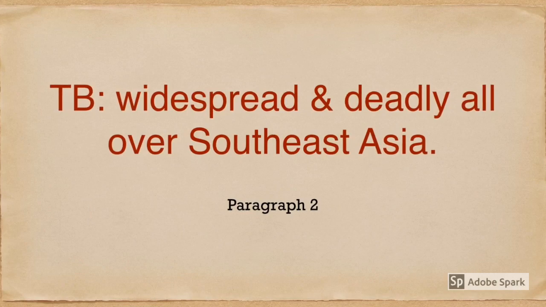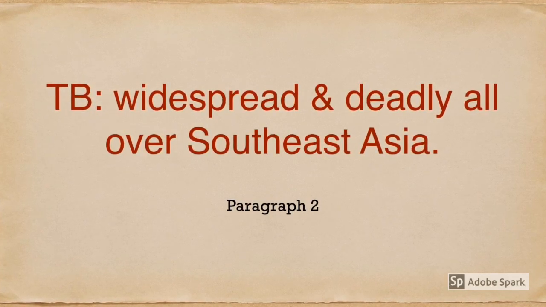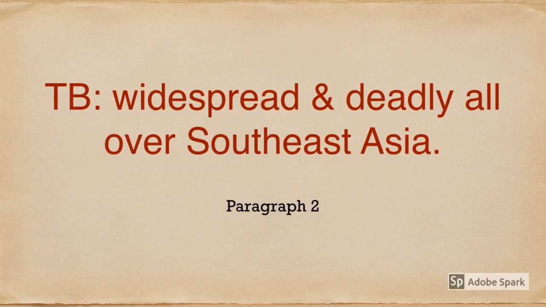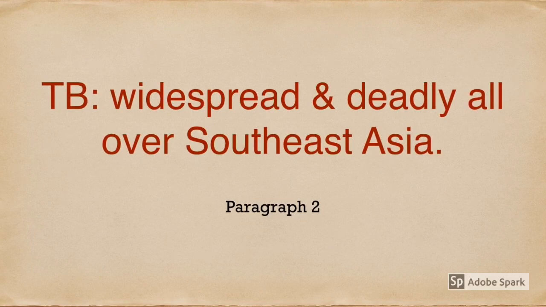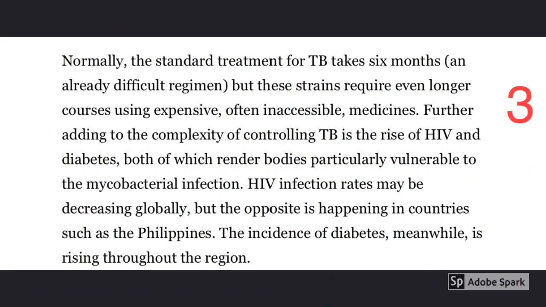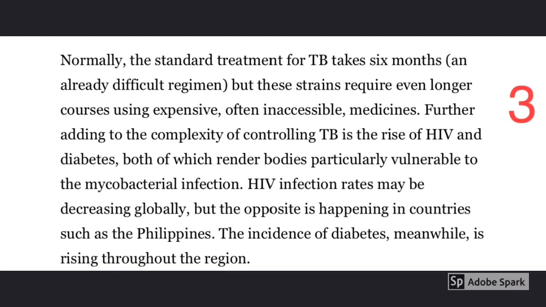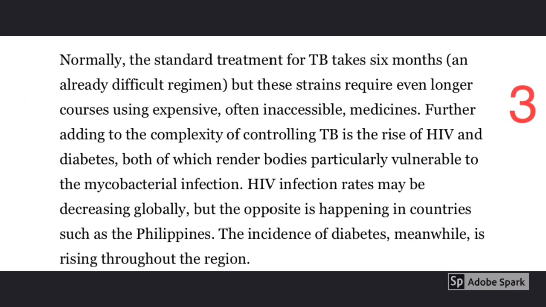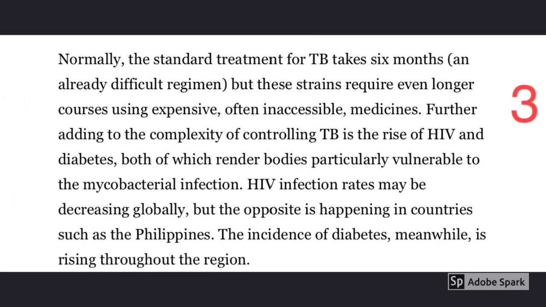So once again, the paragraph point of the second paragraph is that tuberculosis or TB is widespread and deadly all over Southeast Asia. Paragraph 3 deals with the causes of the spread of TB, starting with the fact that the bacteria that cause TB have been evolving, which makes the treatment challenging.